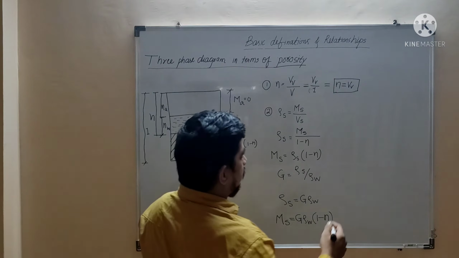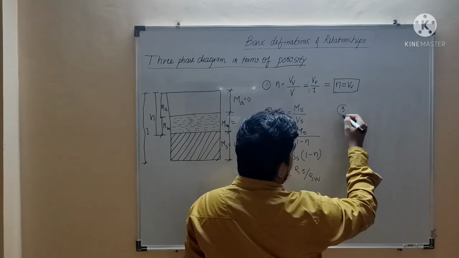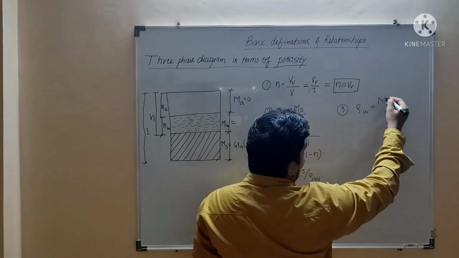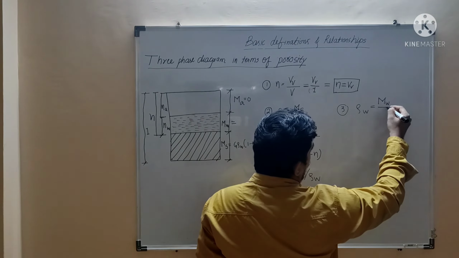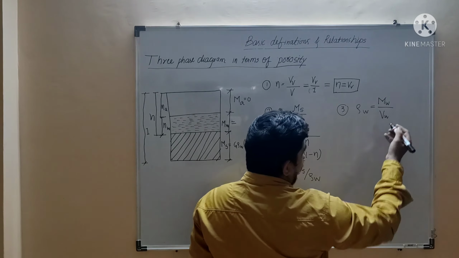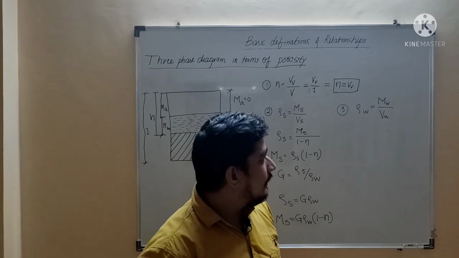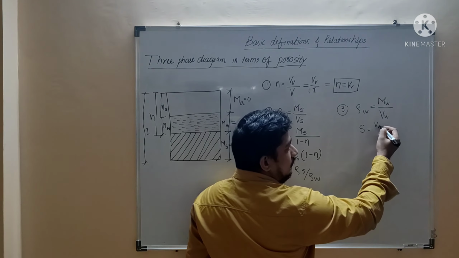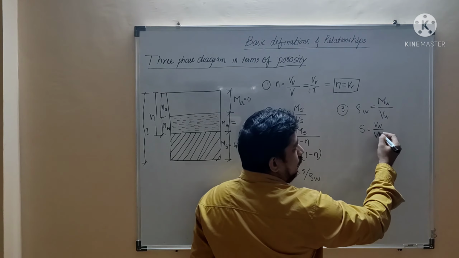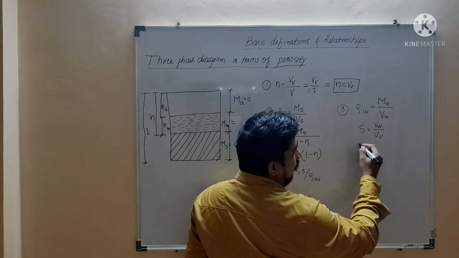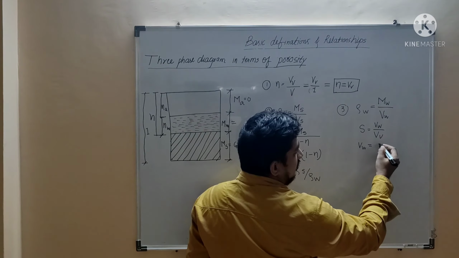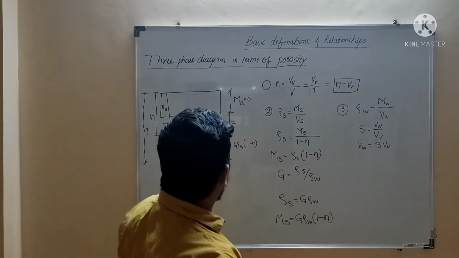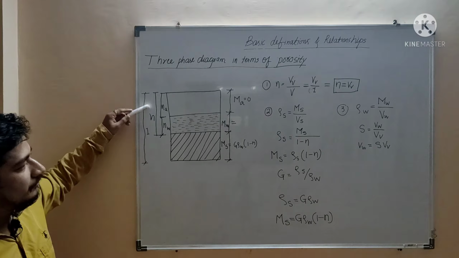Now mass of water. For mass of water, we know that rho w is equal to mw divided by Vw. We know that degree of saturation, SR, is volume of water divided by volume of void. So volume of water becomes S multiplied by volume of void. But volume of void is nothing but this n.